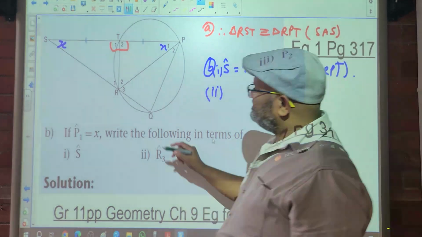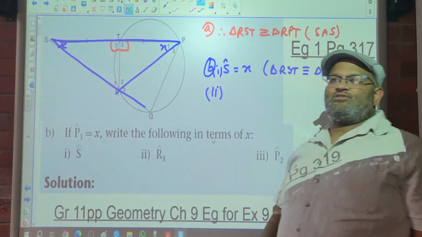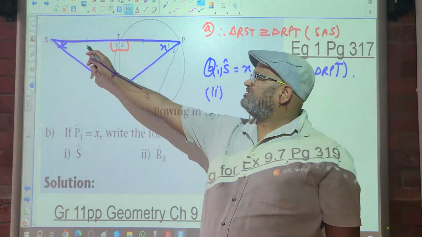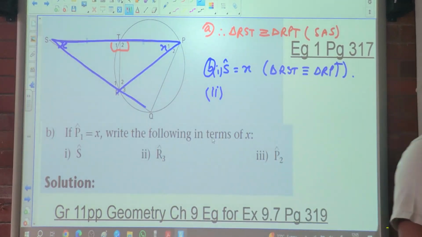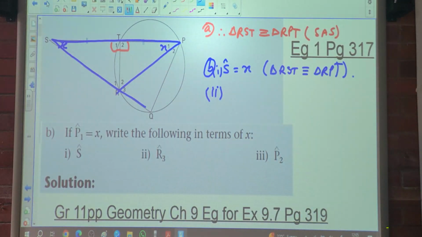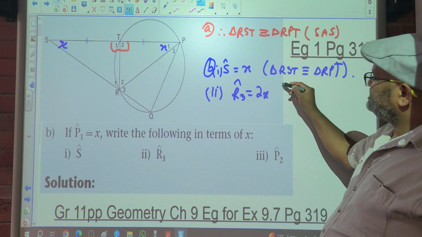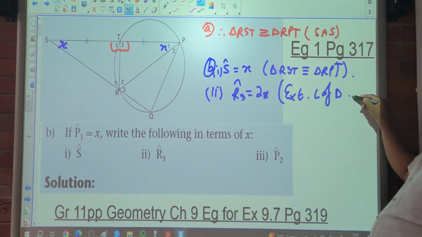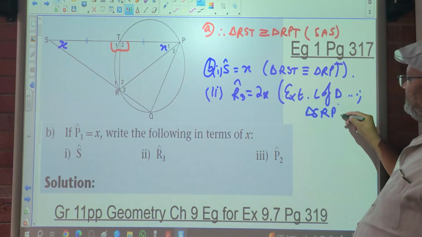Exterior angle, there we go. Can you see that, people? So R3 is equal to x plus x. Why? Exterior angle of triangle. So R3 is equal to 2x.